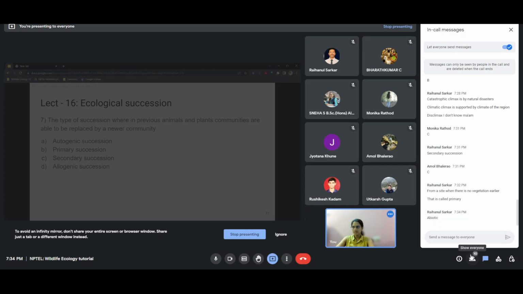Any other guesses? Okay, so it's actually the opposite. Autogenic succession is driven by biotic factors and allogenic succession is driven by abiotic factors, right?